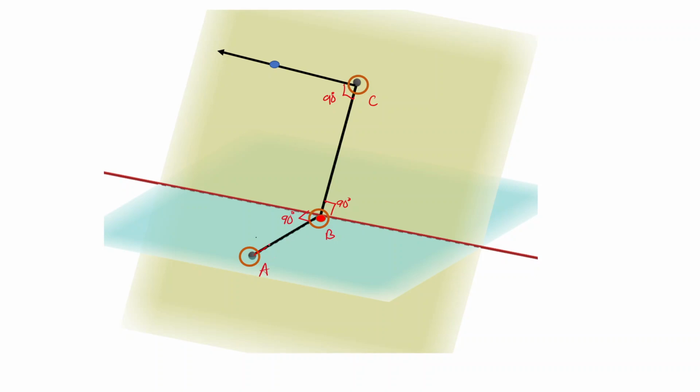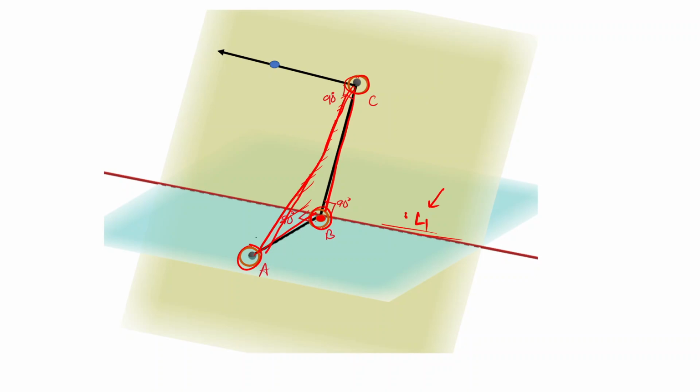So you see that this AB is perpendicular to this line of intersection, the red line. Let's call this L1. And you see that BC is also perpendicular to this red line. So you can understand that if you even draw this AC, this whole triangle, this whole plane in which A, B and C are, they have this normal L1, because two of the lines of this triangle are perpendicular to this line, and this line definitely will also be perpendicular to L1.